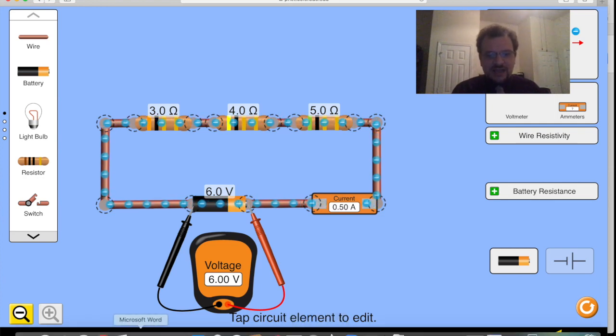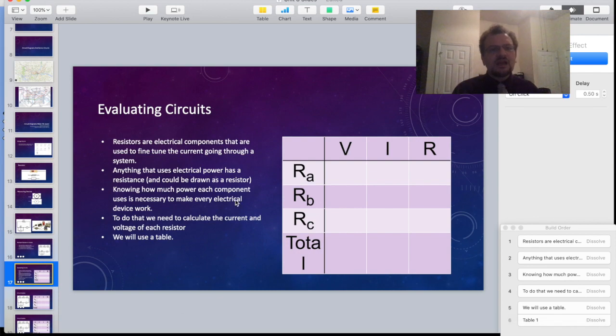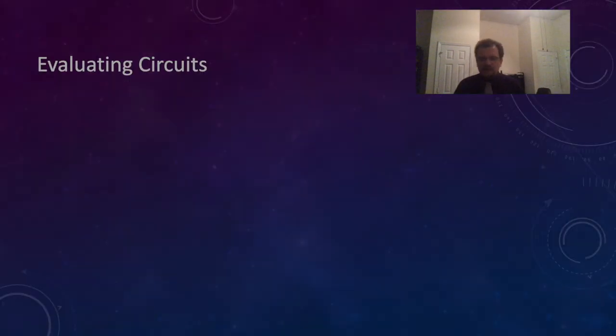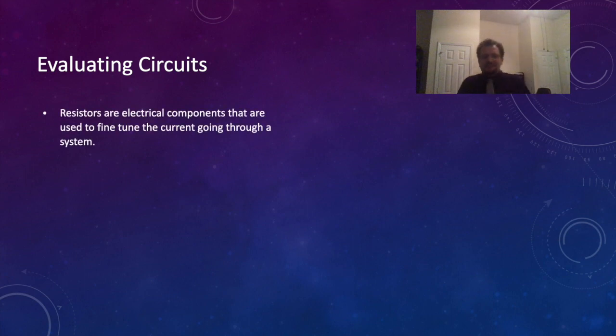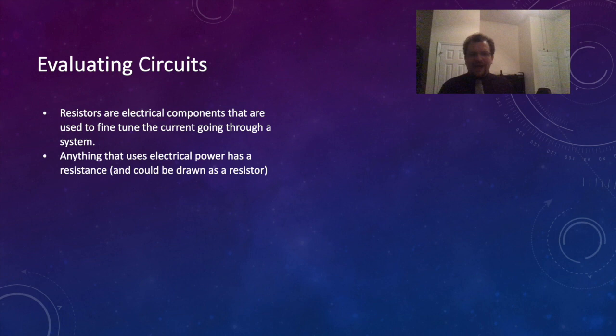So let's head back to the slides, and here we go. Let's talk about how we're going to evaluate these circuits. Resistors are electrical components that for the most part are used to fine-tune the current that's passing through the other parts of your circuit. But anything that uses electrical power has a resistance, and this could be drawn as a resistor.